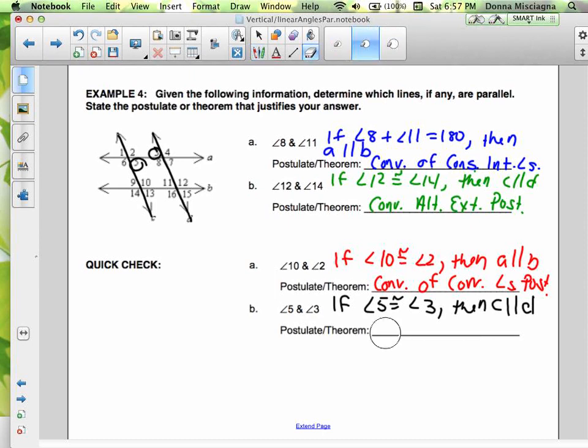So we would be using the converse of the alternate interior angles postulate. And alternate interior angles is as much as I'm getting up there.